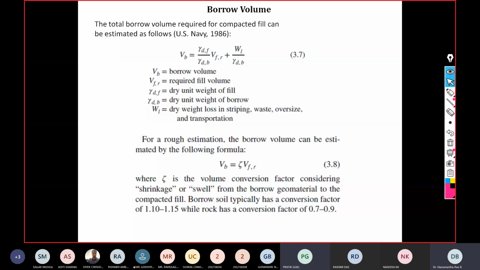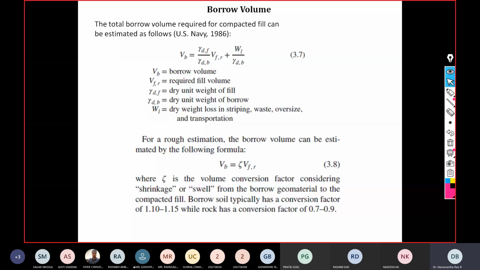Okay. So I will repeat. You have a site, you have a borrow area. The soil is excavated at the borrow site and transported to the site, and then it is compacted with the help of the rollers. Now the big question is how much volume of the soil is to be excavated from the borrow area.